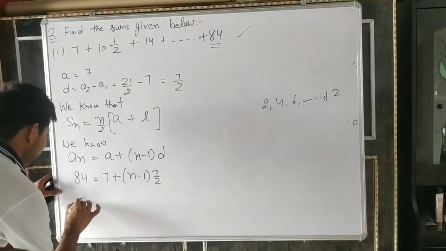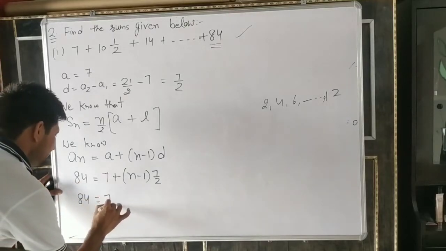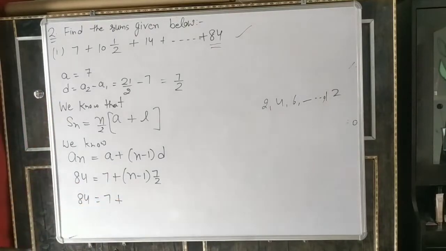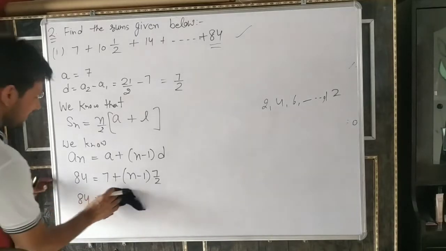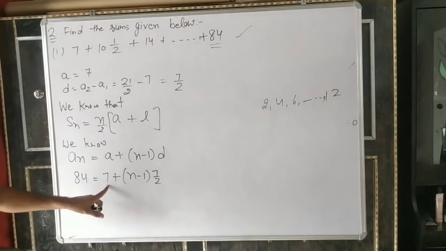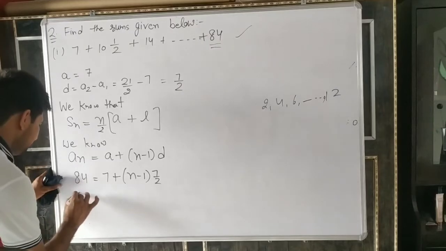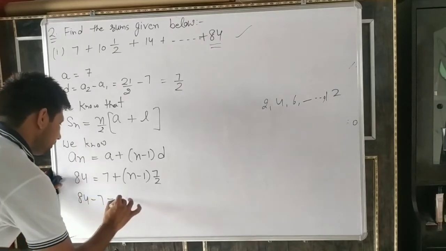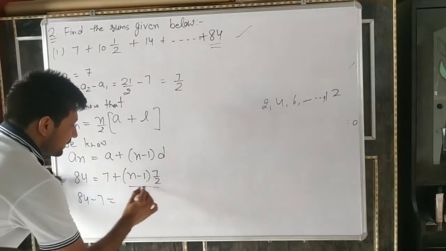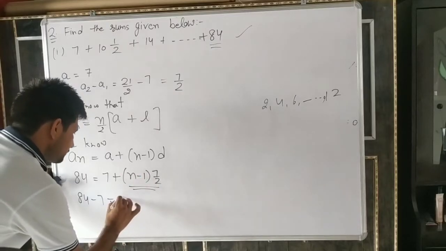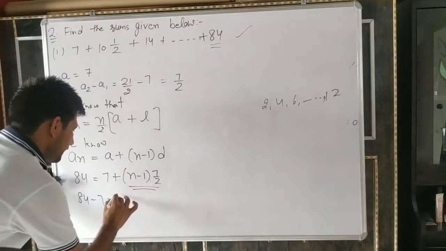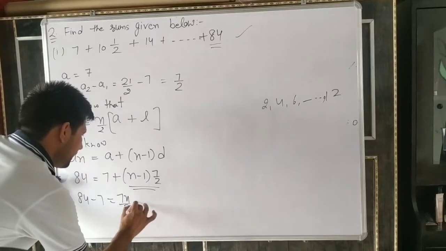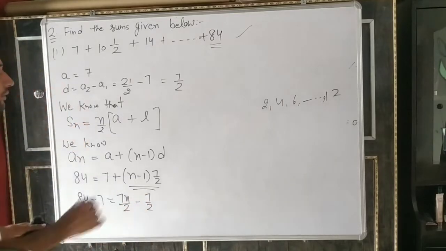So you can write 84 equal to 7 plus (n minus 1) into 7 upon 2. Now otherwise you can remove it also dear. 7 is positive, on the other side it becomes negative. 84 minus 7 equal to n multiplied in, n into 7 upon 2 minus 7 upon 2 dear.